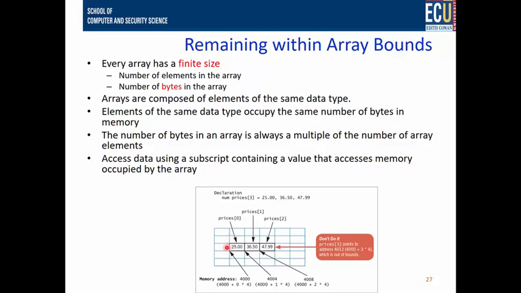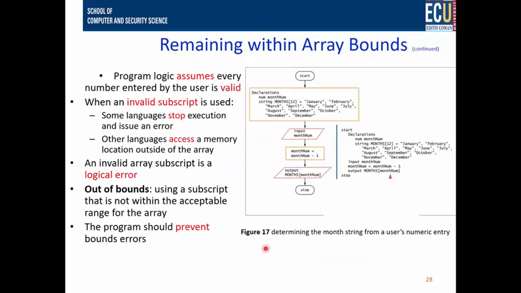In some languages, if you go beyond the array indexes, they give you an error. Some languages stop execution when you try to traverse the array out of its bounds. For example, if the array size is 6, you can go up to a maximum of the 5th index, and if you give the 6th index to retrieve some value, some languages will give you an out of bound error, whereas some languages will give you some result, like C++.